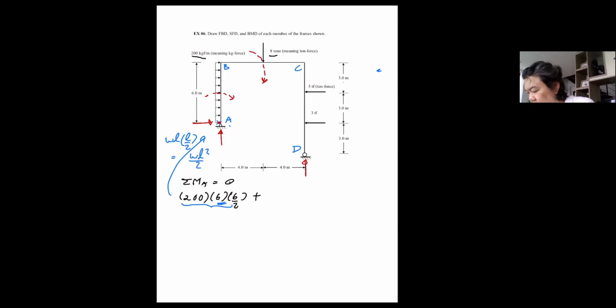So I think it would be easier for me to change this into, let's say, 0.2. Okay, and then we're gonna have 8 tons. And then this is the load. So the moment arm will be 4, right?